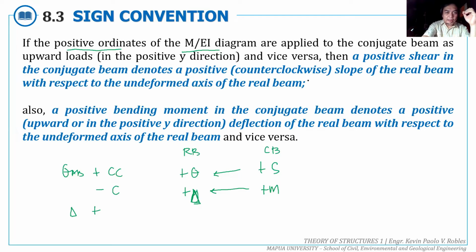A positive bending moment in the conjugate beam denotes a positive upward deflection. And if it's negative, it will be downward. Okay, so yan yung magiging sign convention natin later on.